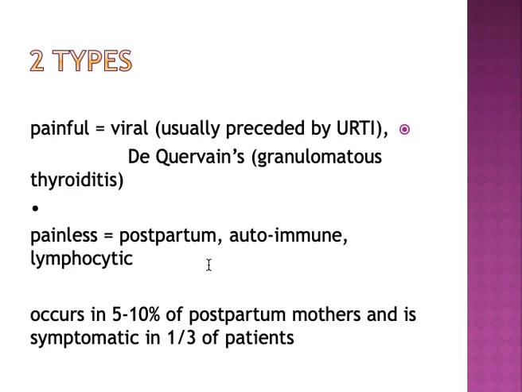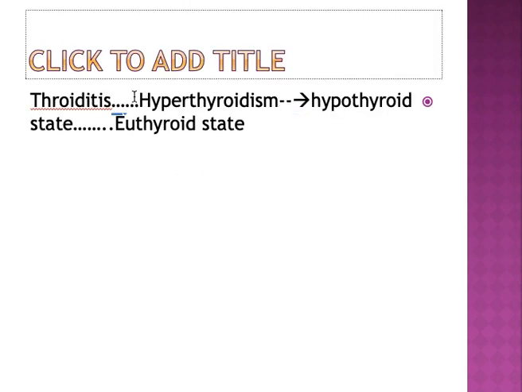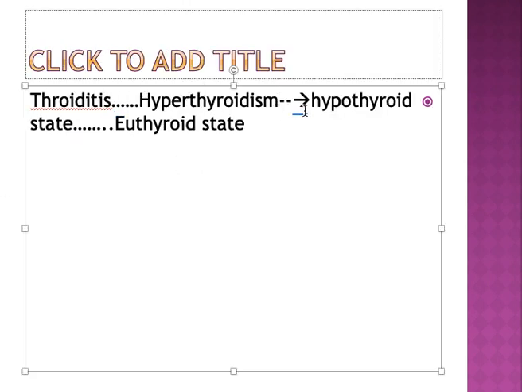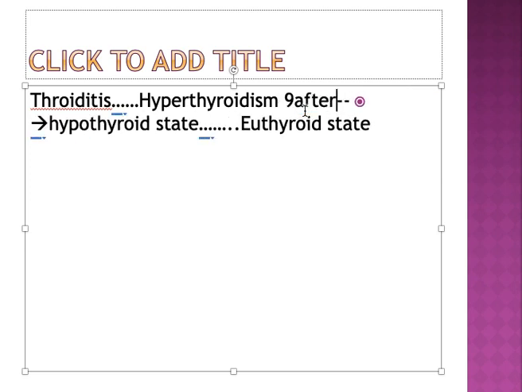After giving birth to the baby, around 2 to 3 months after that, the mothers enter into a hyperthyroidism state or thyrotoxicosis, which is followed by a hypo. This stage comes back after 2 to 3 months.